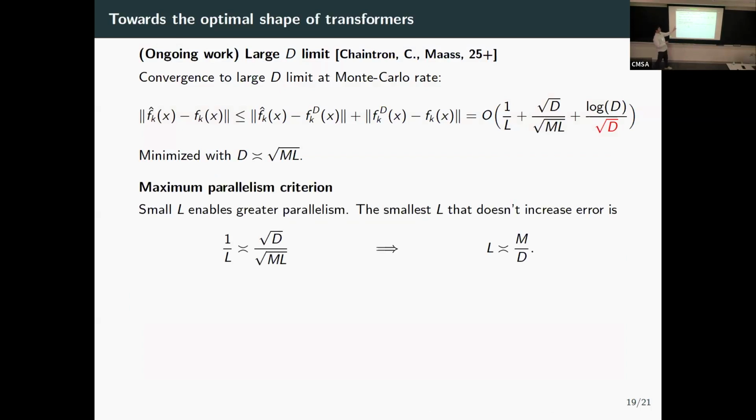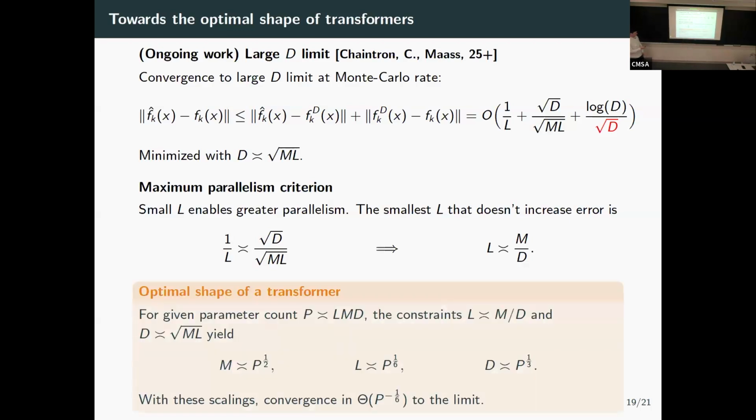There's another criterion which comes back to the parallelism idea that I mentioned previously: you want to take the depth as small as possible so as to maximize parallelism in your model, but you don't want to increase the error. So you take the depth so that 1/L is of the order of the other errors. That gives you another relation between the parameters.